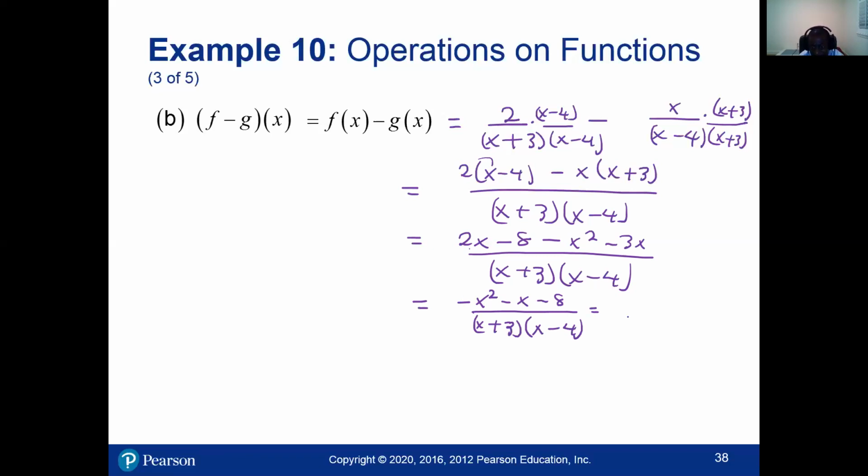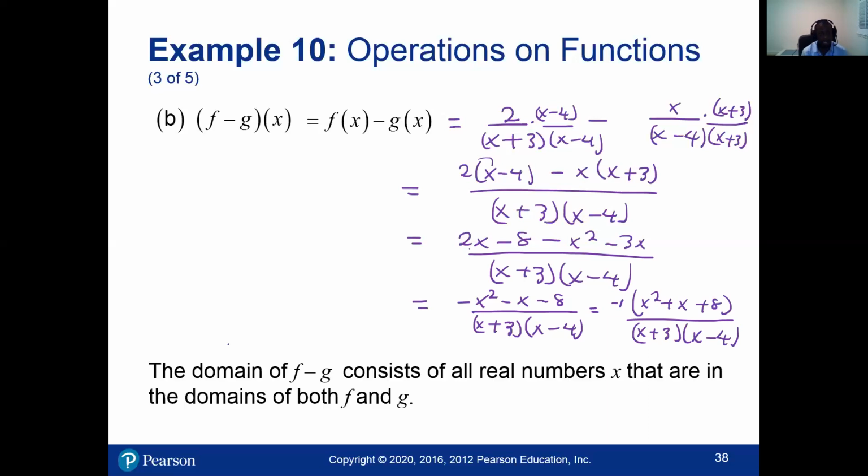Now we can write this as, because the numerator is what? It's all negative, we can factor -1 out, and then we have what? X squared plus x plus 8 divided by x plus 3, x minus 4. Okay, so you can write in this way. What's the domain? Okay, the domain of that consists of all real numbers such that they are in the domains of what?